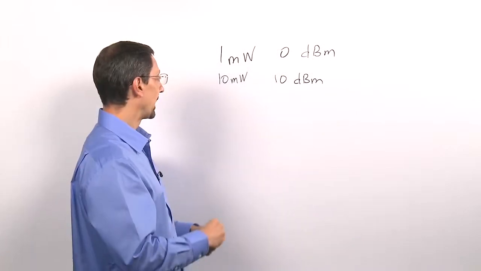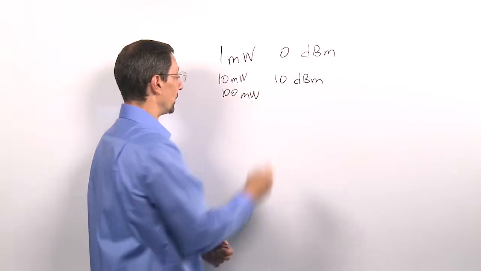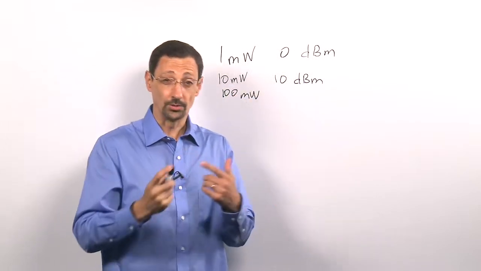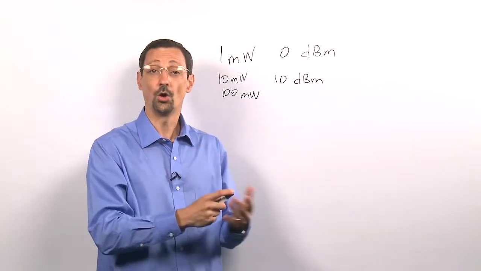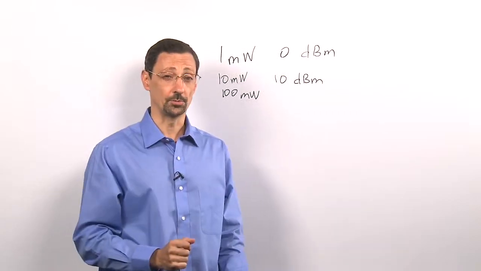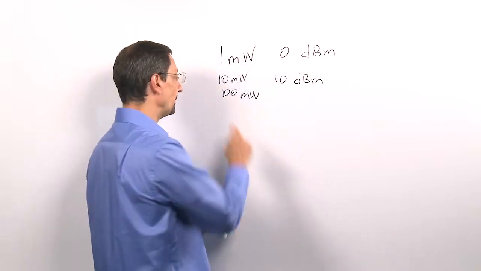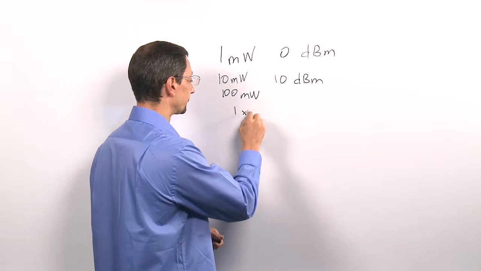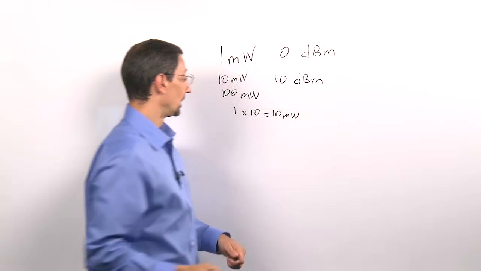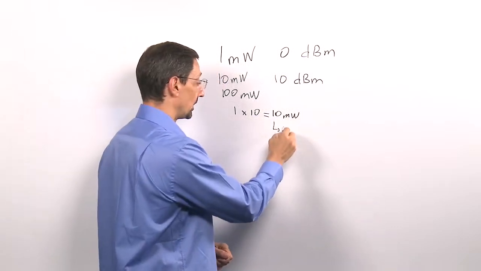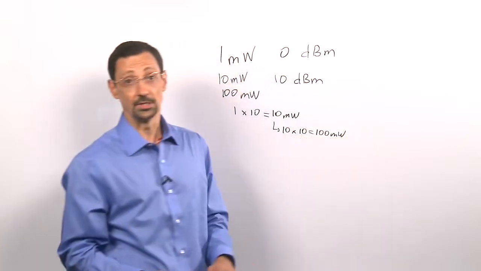Let's take another number and suppose I ask you to convert 100 milliwatts into dBm. So the question is the same. How do I do it? It's by checking what I need to do on 1 milliwatt to get to 100 milliwatt. And the only tools you have at your disposal are these rules of 10s and these rules of 3s. So you say, okay, if I take 1 milliwatt and I multiply by 10, I'm going to get 10 milliwatts. If I take that 10 milliwatts and I multiply it by 10 again, I get 100 milliwatts, okay?